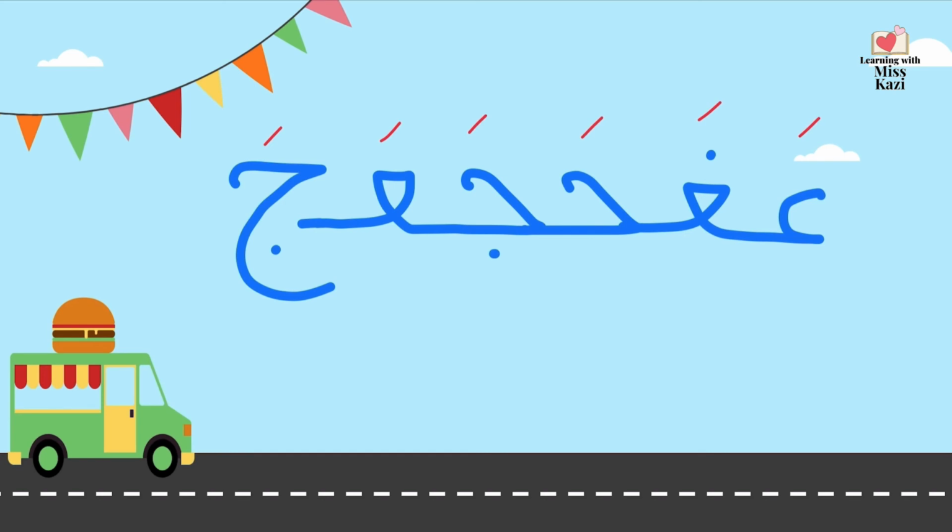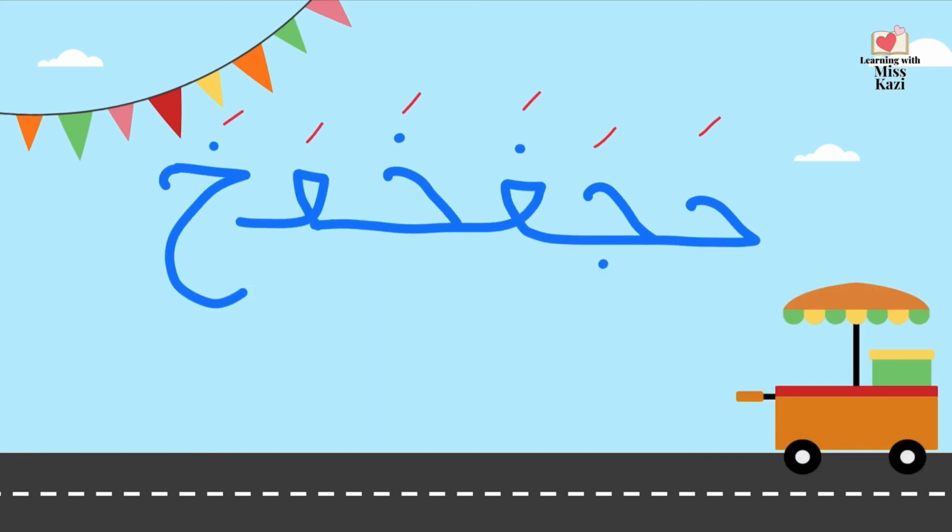A, gha, ha. Ja, a, ja. Ha. Ja, gha. What letter is this? Dot on top? Kha. Good. A kha.